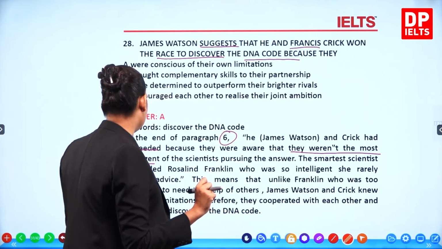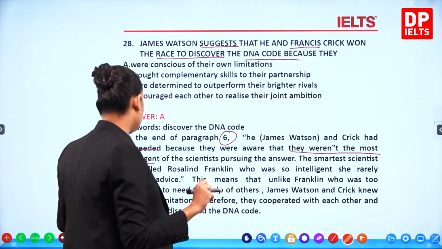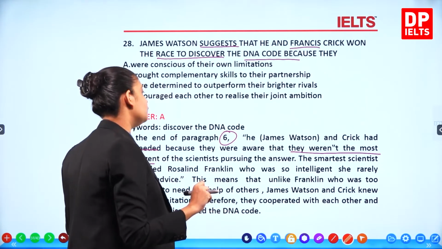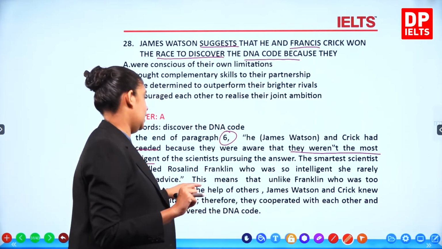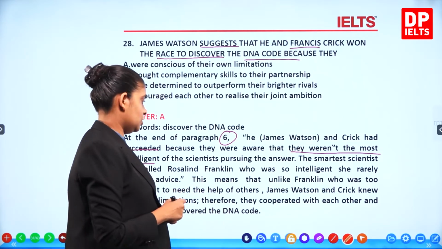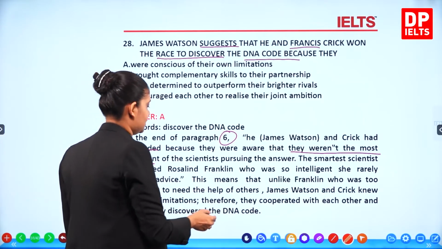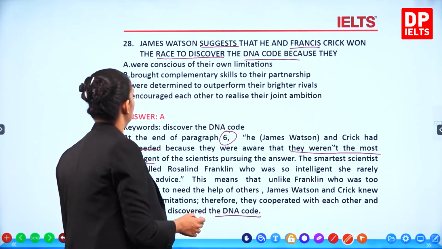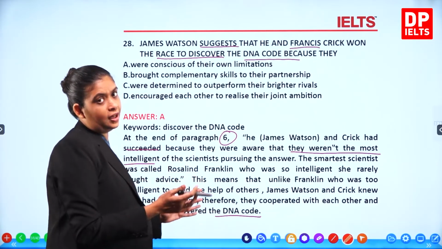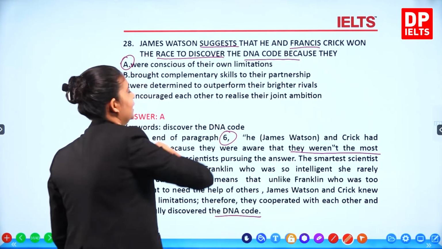The smartest scientist was called Rosalind Franklin, who was so intelligent she rarely sought advice. This means that unlike Franklin, who was too intelligent to need help of the others, James Watson and Crick knew they had limitations. Therefore, they cooperated with each other and successfully discovered the DNA code, right? So they knew that they were not so good, so they went together and found the DNA code. So I think the answer would be E.